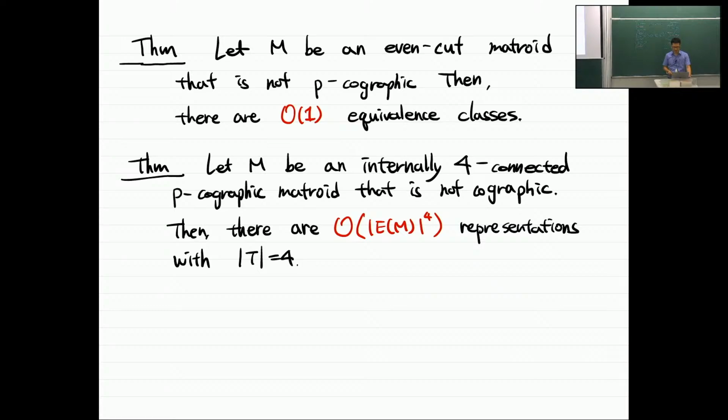If M is pinch choreographic, that is not choreographic, and we assume the matrix is internally fully connected, so there are not many three separations, then we can bound the number of representations with 4 terminals by big O of the size of the matrix to the fourth power.